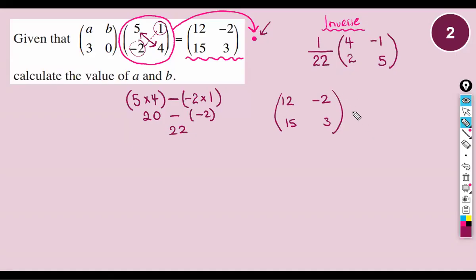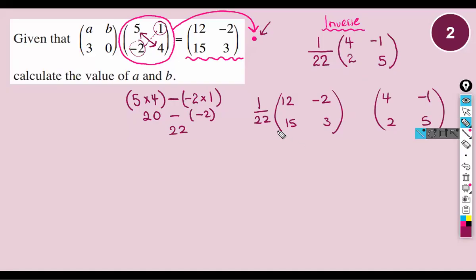And remember, the inverse is going over here. But I showed you last week that when you have an annoying fraction in the middle, it makes life hard. So I had suggested that you drag the 1/22 in front. You're allowed to do that in maths.